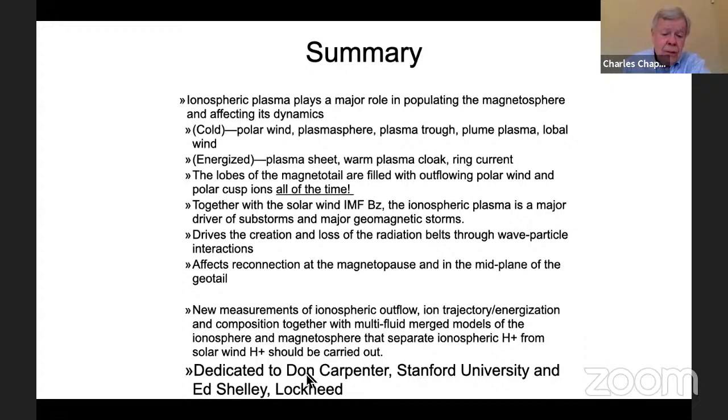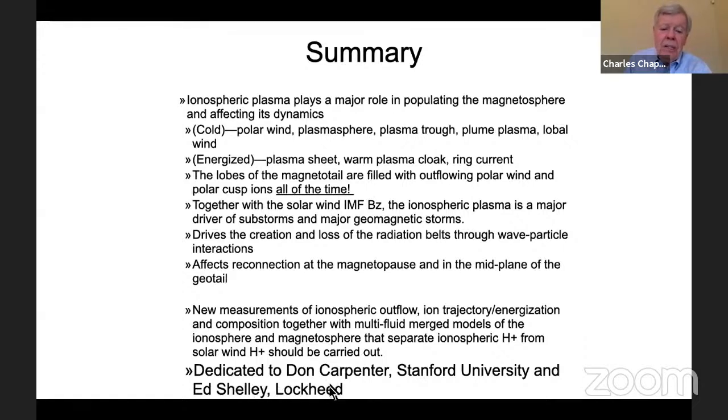I had the privilege of working with Don when I went to Lockheed in Palo Alto and studied the plasmasphere together with the guy after whom the Carpenter knee is named, the first person to see ionospheric plasma in the magnetosphere. And Ed Shelley, of course, whom I enjoyed very much working with, showed us that you can see O+ in the magnetosphere that has keV energies. It obviously came from the ionosphere because there wasn't any other place for it to come from, and got energized.